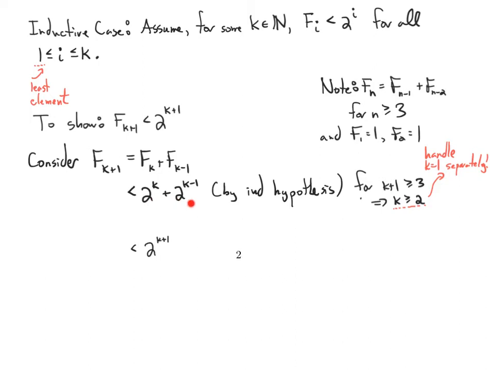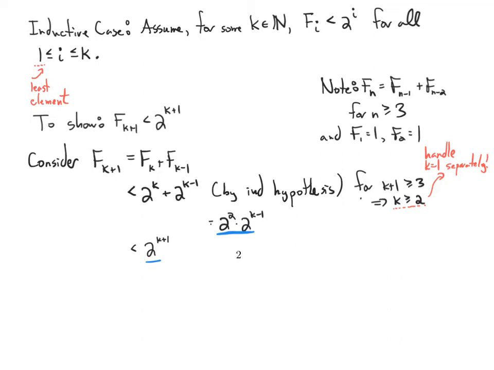Looking at this, I'm thinking, if I can think of this in terms of 2^(k-1), I might be able to figure out how to write this above as this expression here, or something close to it. So I'm going to think of 2^(k+1) as 2^2 times 2^(k-1).